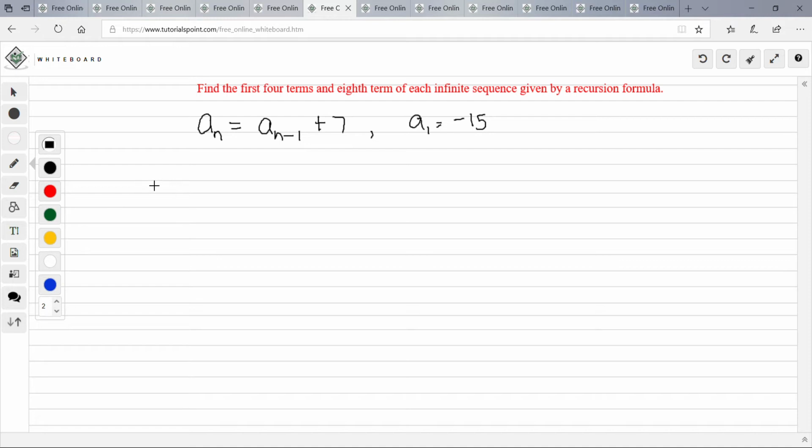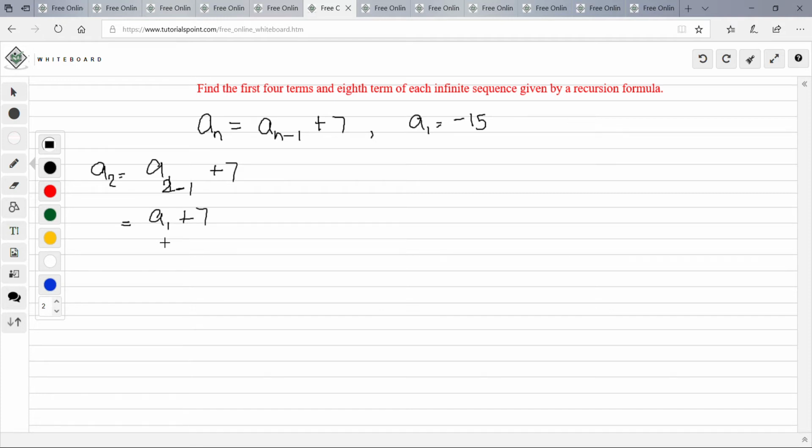So we know the first term is a1 equals negative 15. Let's find the second term. So we've got to use this formula. So we say n is 2, so 2 minus 1 is 1, so it'd be a1 plus 7.